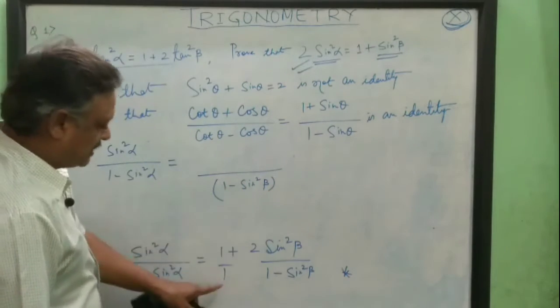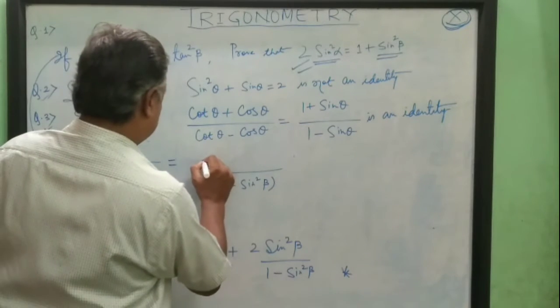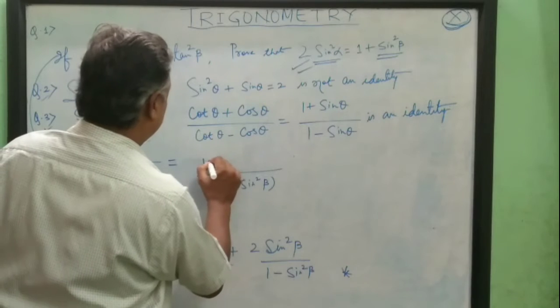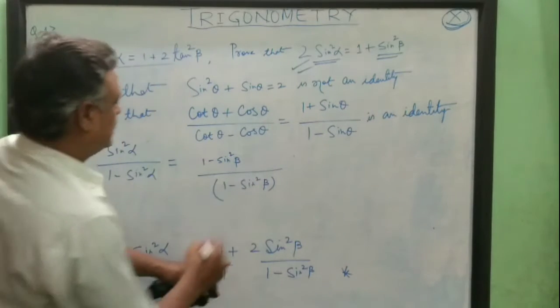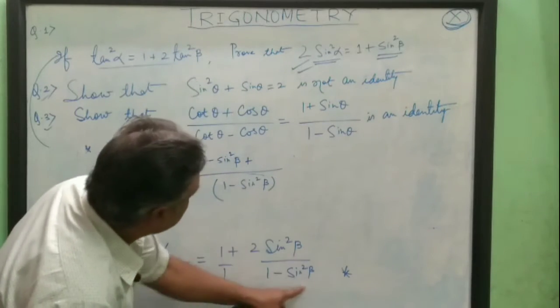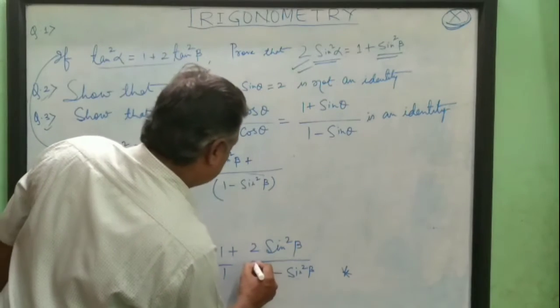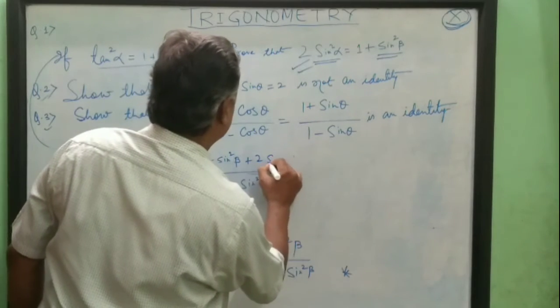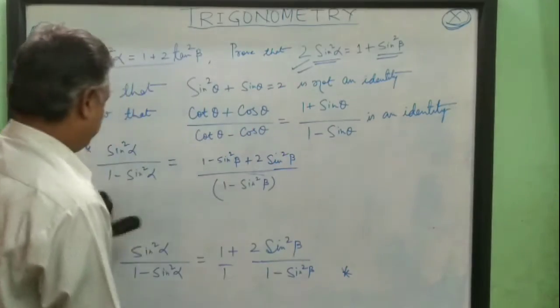Now divide this by 1. So this will be 1 minus sin square beta into 1. So it will remain 1 minus sin square beta, and plus divide this 1 minus sin square beta by 1 minus sin square beta. So it will be 1. So 1 into 2 sin square beta. So it will be here 2 sin square beta.